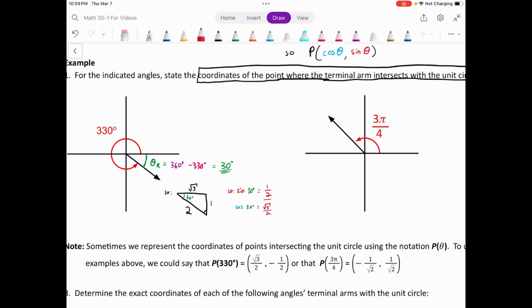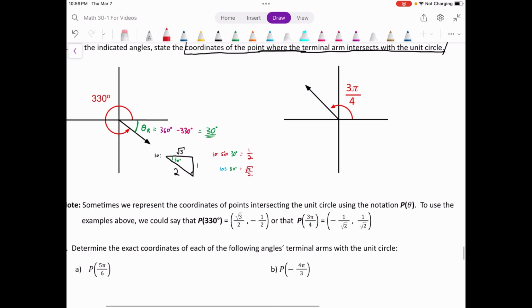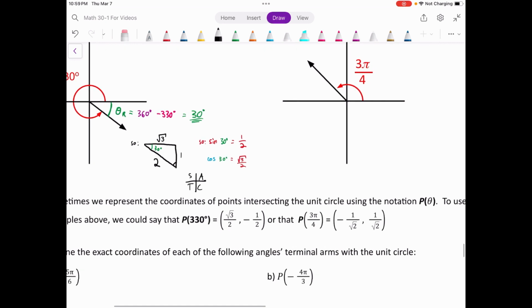We're almost done already. We just have to remember that we weren't actually using this 30-degree triangle. We're not trying to find the sine and the cos of 30. We're trying to find the sine and the cos of 330. So this is a reference triangle we can use to think about it, but we have to remember that we're actually over here in quadrant 4.